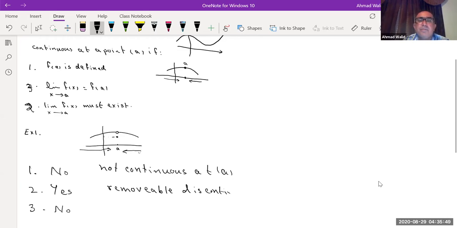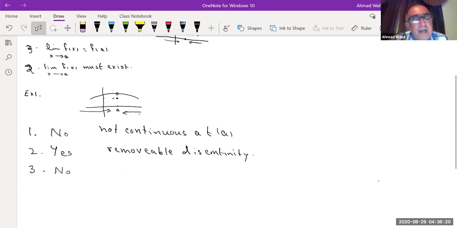Why removable? Because if you work a little bit on the function, only one point, one number, can fill this hole. Later you will see how in the next example. That's why we call this one removable discontinuity.